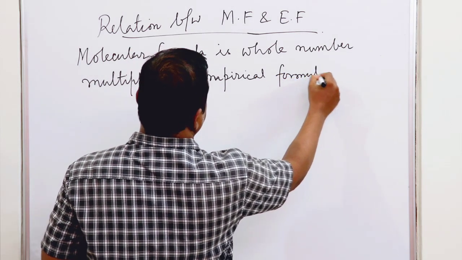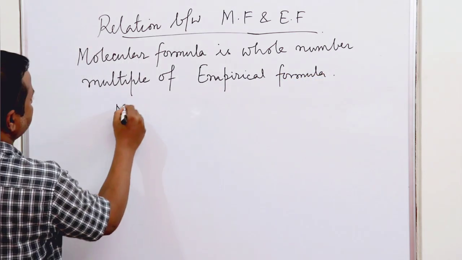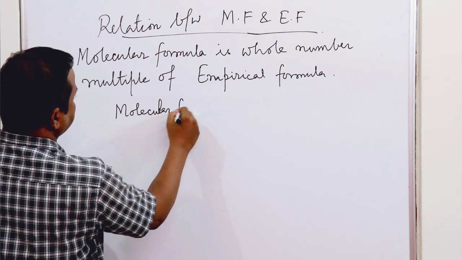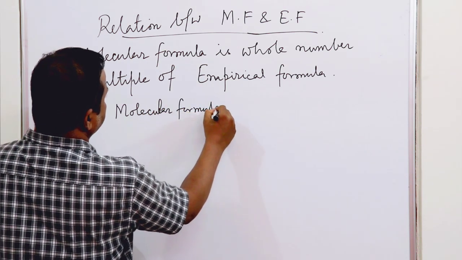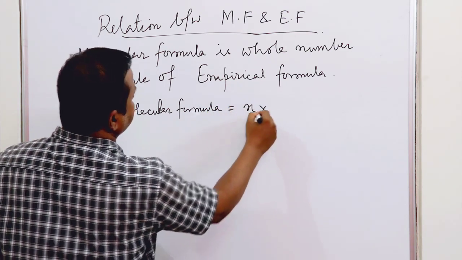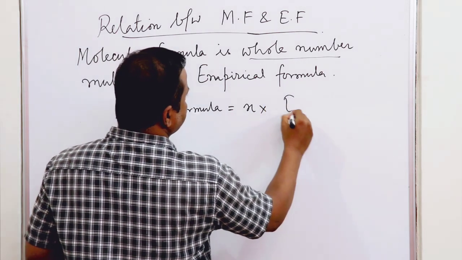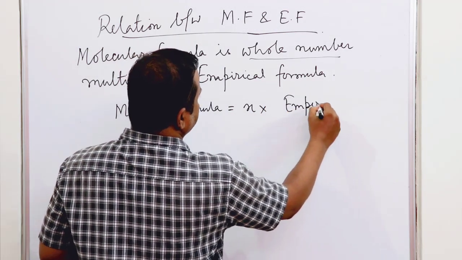This is the relation. That means if we signify this whole number by n, molecular formula is equal to n into empirical formula.